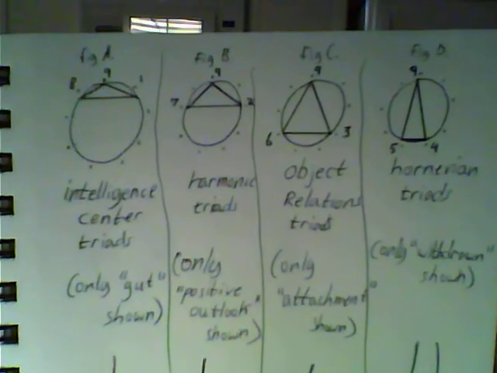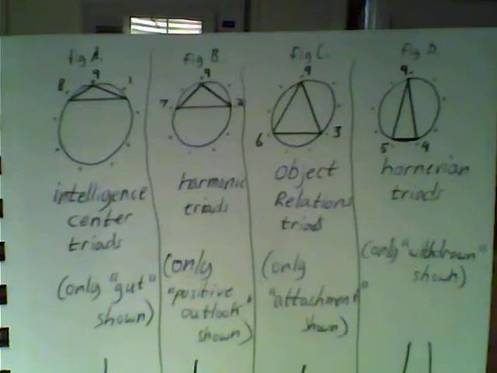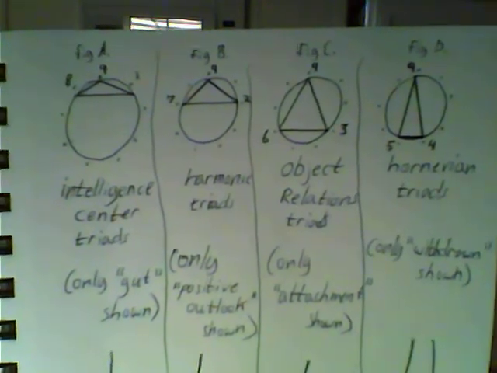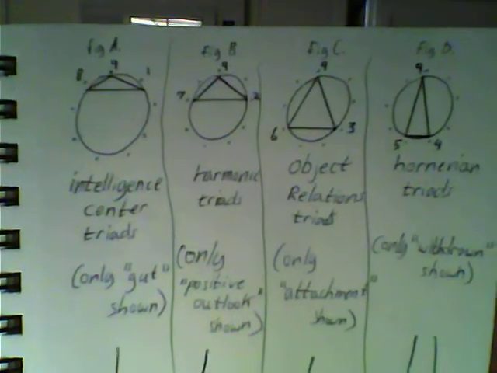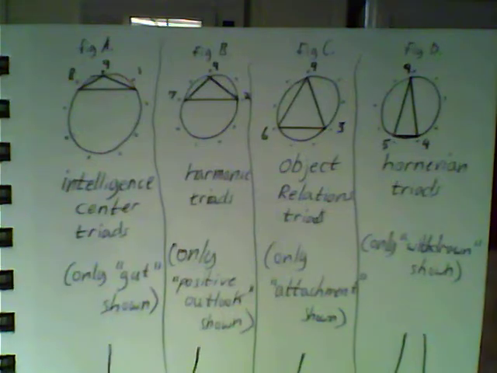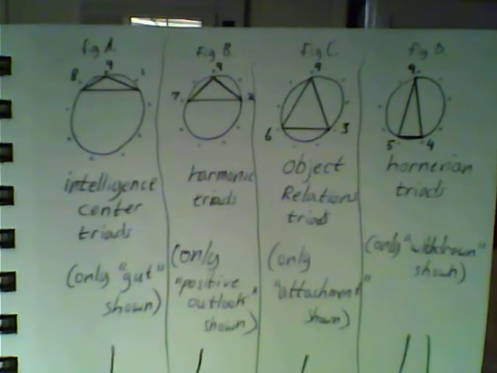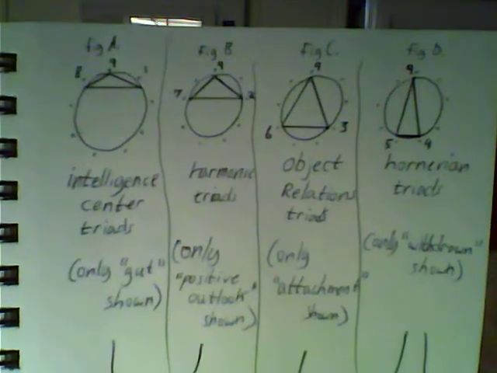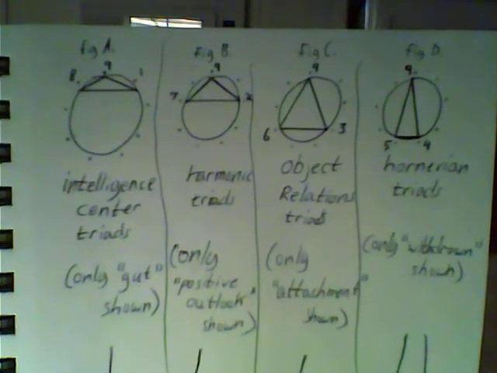You'll see figure A. These are all triads you know. I'm going over things you guys will already know, but just for the sake of clarity and intelligibility of the later ideas that Daniel had offered forth that were perhaps less than clear to everyone.